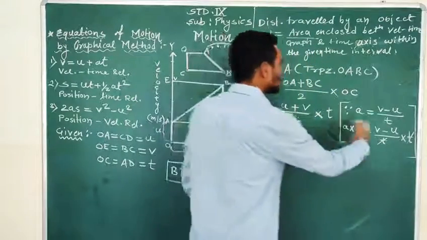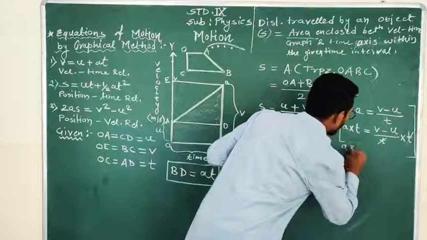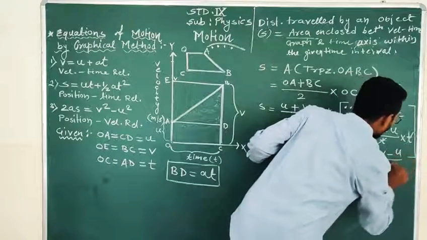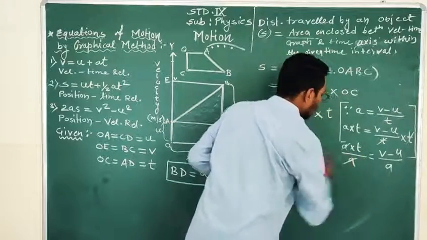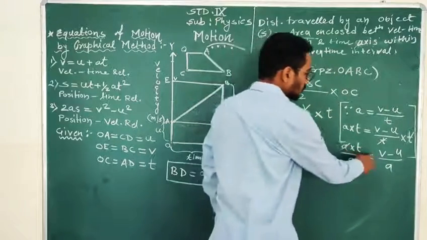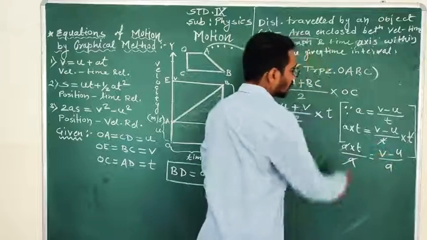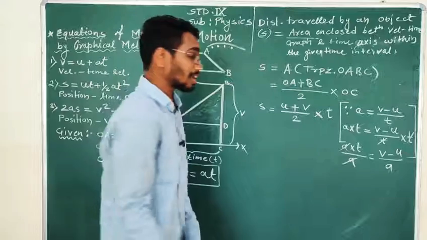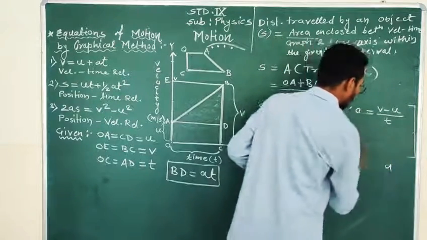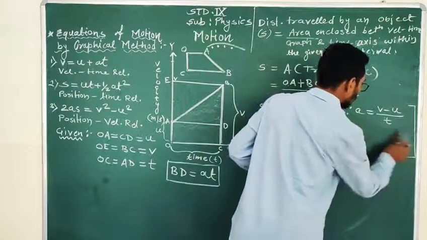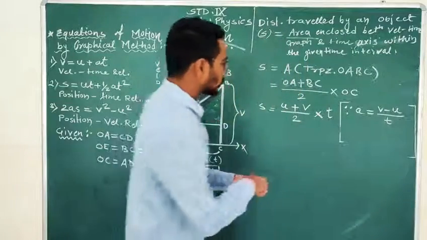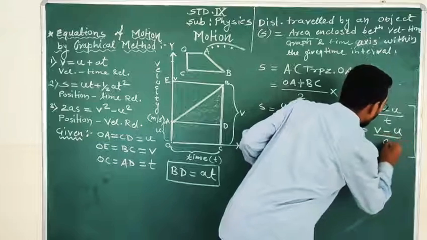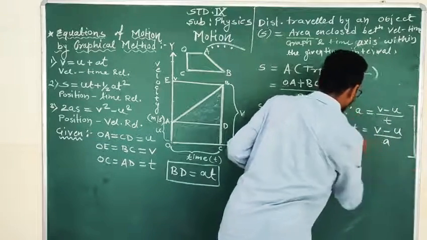Now divide both the sides by a: t by a, v minus u by a, a gets cancelled. क्या मिला? t is equal to v minus u by a. तो हो गया, a नीचे t ऊपर. तो ये सब कुछ क्लास 9 के बच्चों को आता है, ये समझ के मैं डायरेक्टली लिख रहा हूँ. So here you will get t is equal to v minus u by a. कैसे आया अब आपको समझ में आ गया.